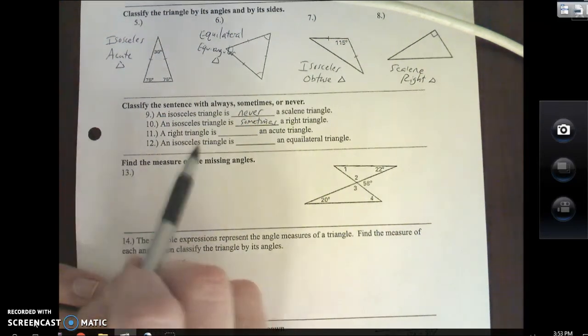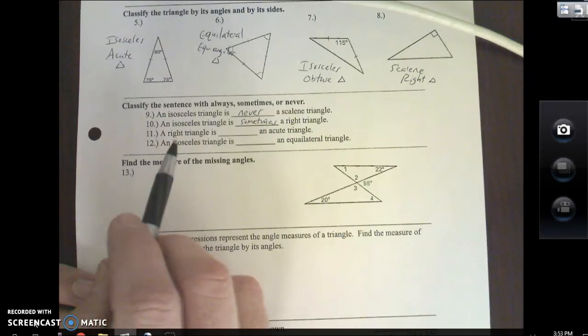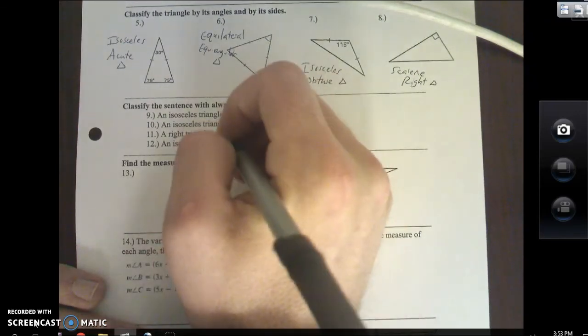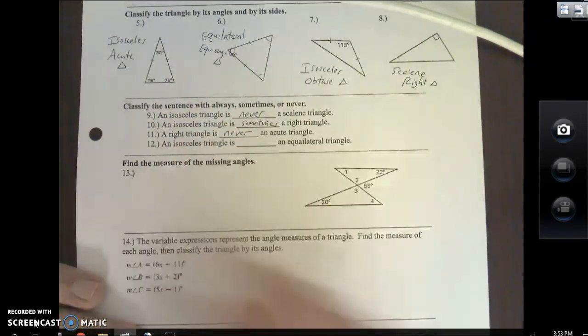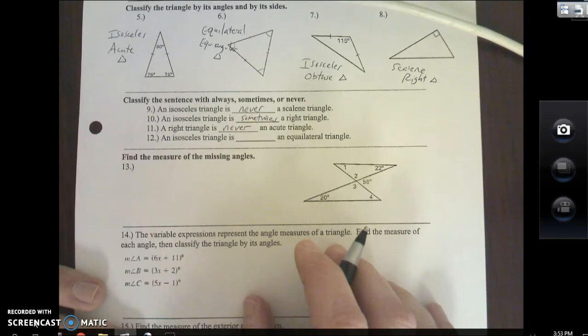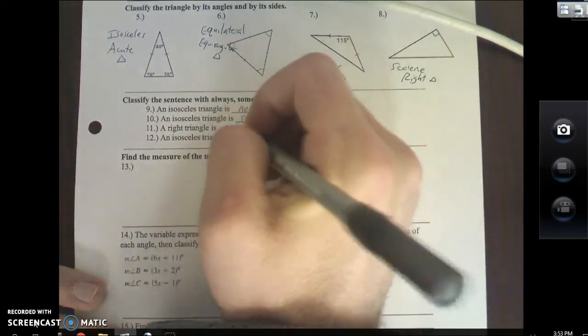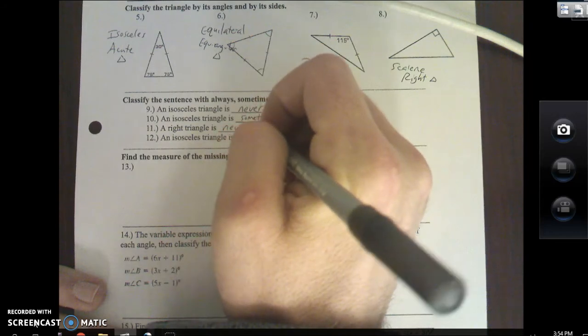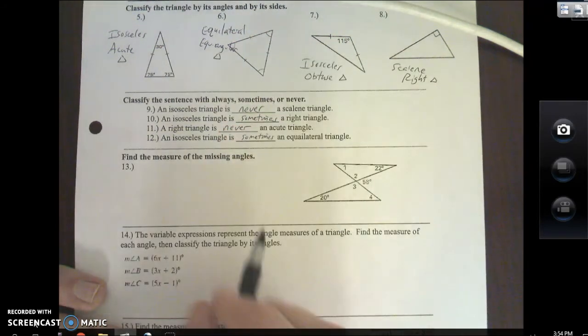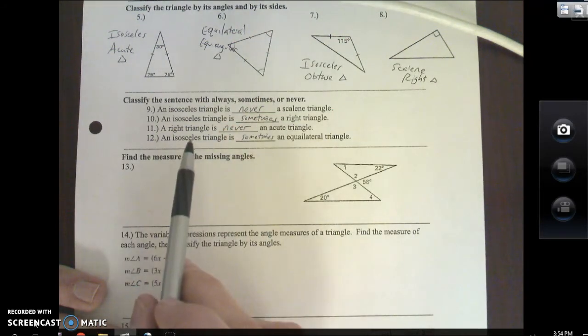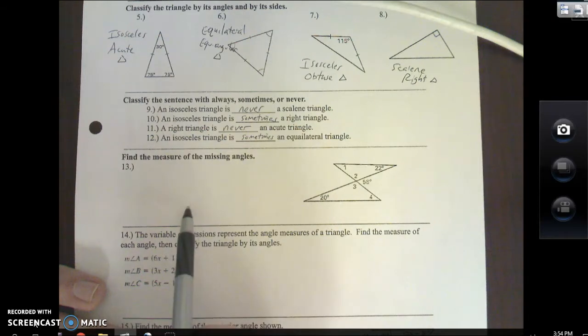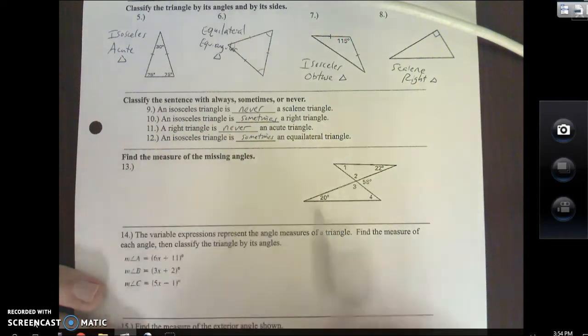Number 11, a right triangle is never an acute triangle. If it's a 90-degree angle, it's greater than or equal to 90. An isosceles triangle is sometimes, this is a tricky one, sometimes it's equilateral. Not always, okay? Sometimes it is.